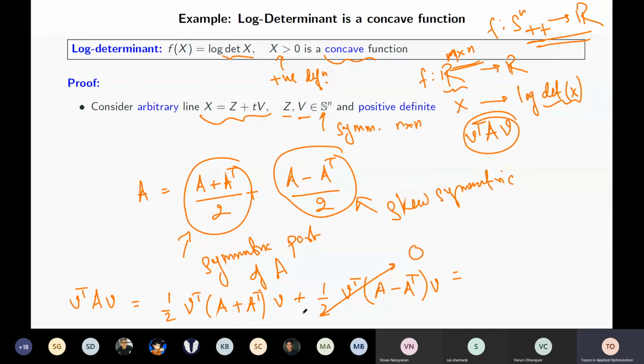So this is why positive definiteness doesn't really make sense for non-symmetric matrices, because the non-symmetric part is hardly contributing anything.